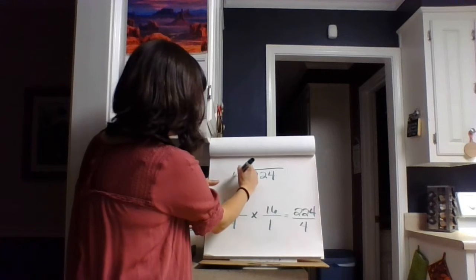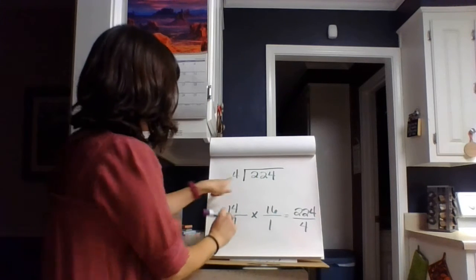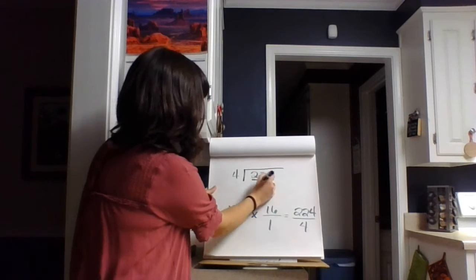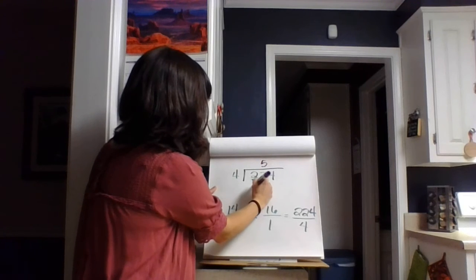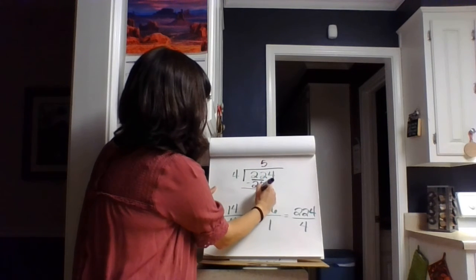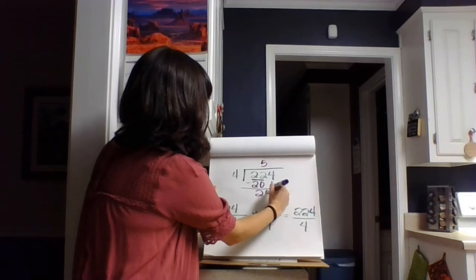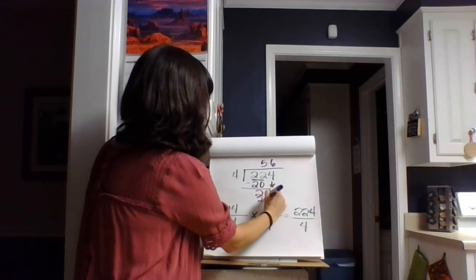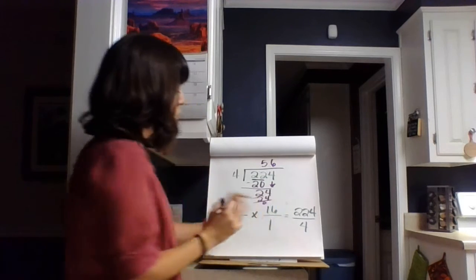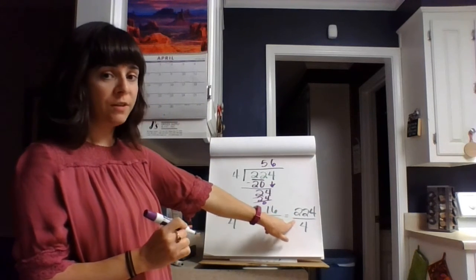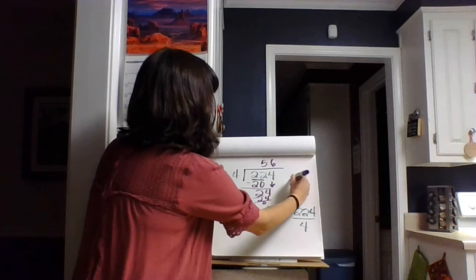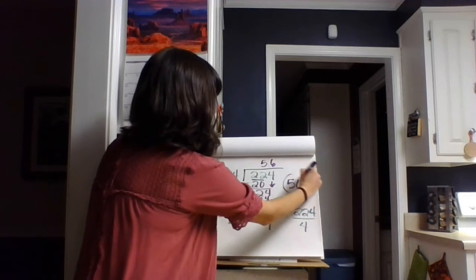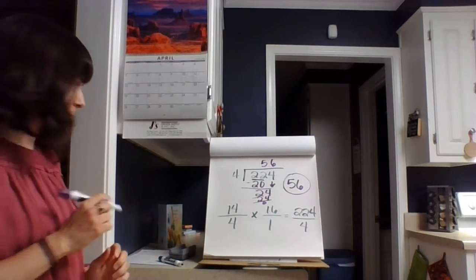I'm going to divide that by 4, and 4 goes into 22 5 times. 4 times 5 is 20. I subtract and get 2. Bring down my 4, and 4 goes into 24 6 times with nothing left over. So 224 divided by 4 equals 56 as my final answer. Okay.